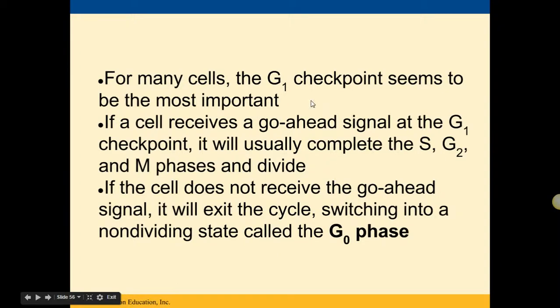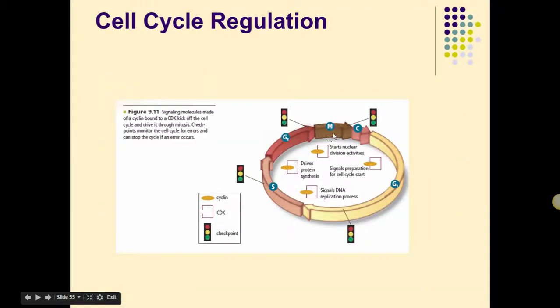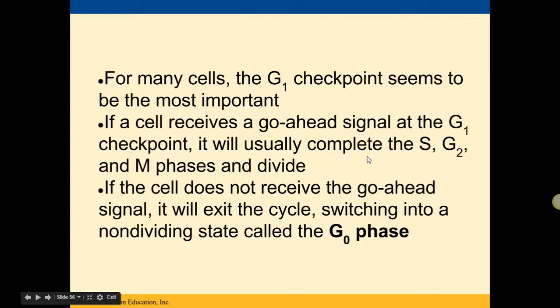Okay, so they have different checkpoints, and the checkpoints are to make sure that there's not anything going wrong in the cell. Because if there are multiple mutations or whatnot, it's bad for the cell, so there are checkpoints to make sure there are no errors.